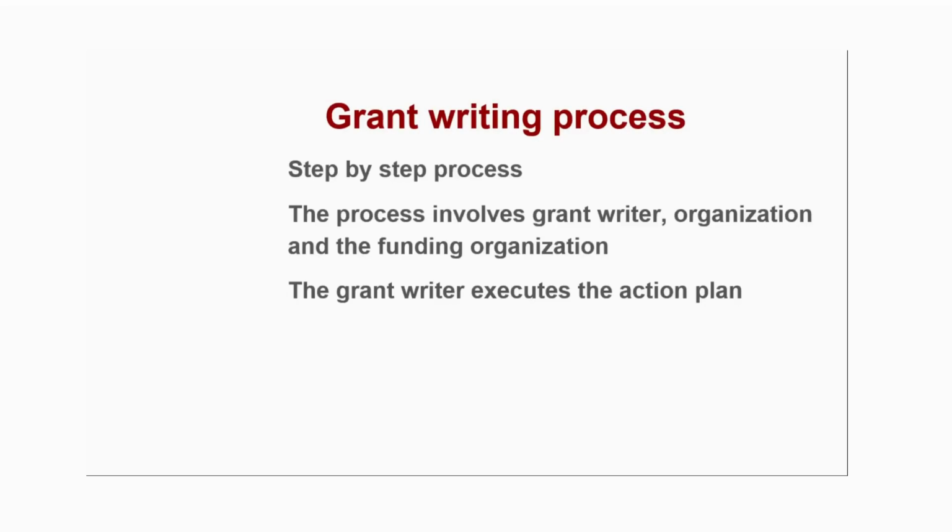Then we have the third party, which is the organization that is providing the funds. So the work of the grant writer is to execute this action plan, this step-by-step process of ensuring that his or her organization gets the funding.